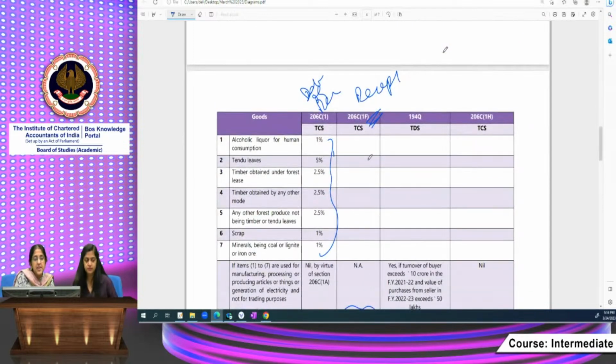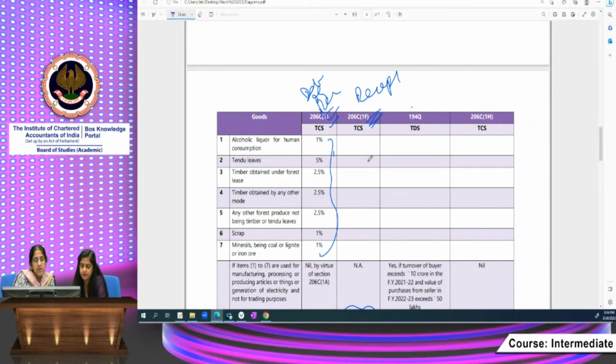So now we take the order first. If it is goods covered under 206C(1), then tax has to be collected at source by the seller. In respect of these goods, if tax has been collected under 206C(1), 194Q will not apply. So 206C(1) takes precedence.